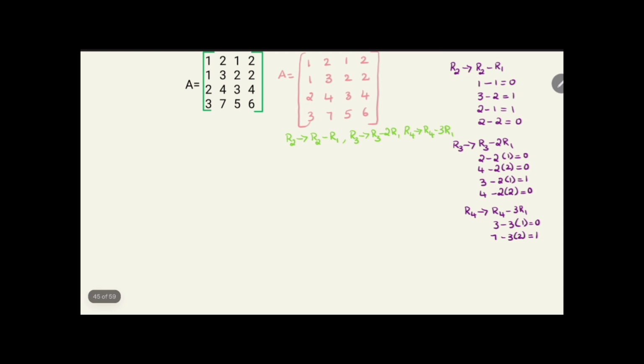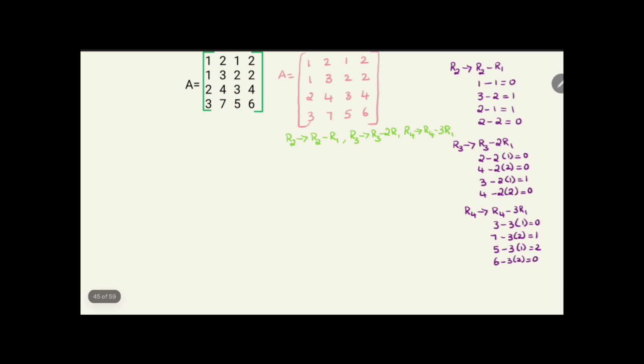The third element of R4: 5 minus 3 into 1, 5 minus 3 is 2. The last element of R4: 6 minus 3 into 2, 6 minus 6 is 0.